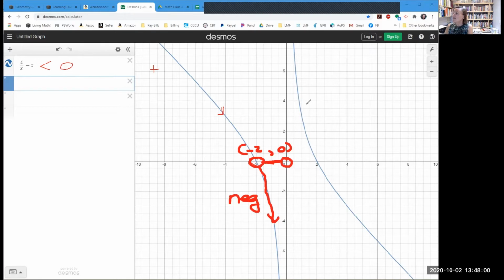Then all of a sudden, it's positive. Notice it's racing towards positive infinity on the y-axis, but coming down, from left to right, we're going this way, and then we finally get to +2. And from +2 all the way down here, it's negative again.